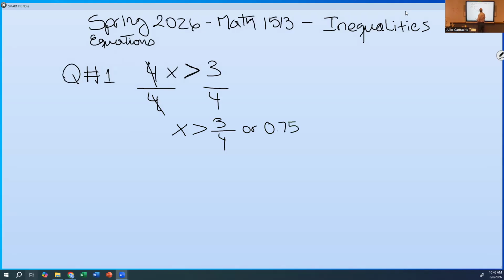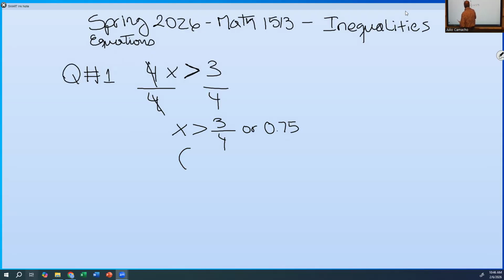So if I have to do this in interval notation, what will be the interval notation? You tell me. What do I need to put first? A parenthesis, because it's only x is greater than, only parenthesis.